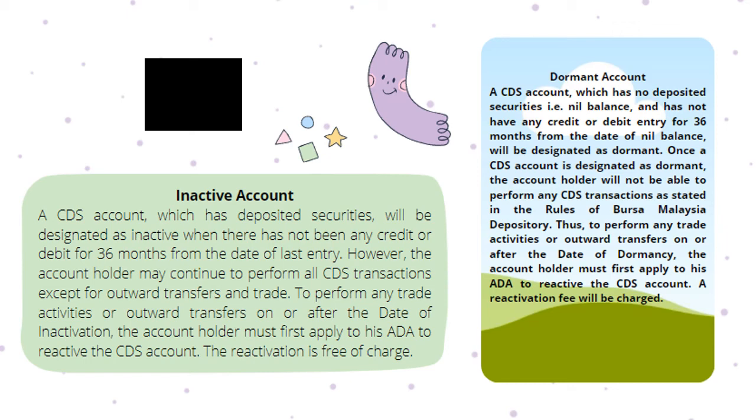In order to perform the trade, the account holder must first apply to his ADA to reactivate the CDS account, and a reactivation fee will be charged. So you have to differentiate between inactive and dormant, because this subtopic is very popular to be asked in the examination.